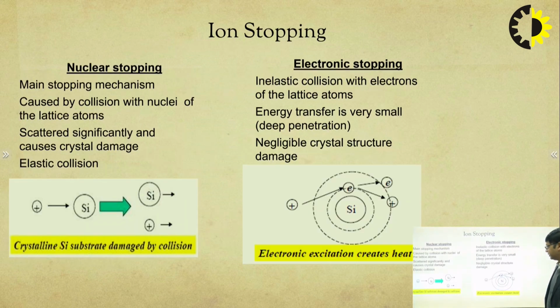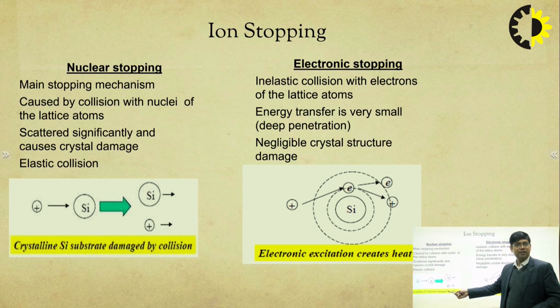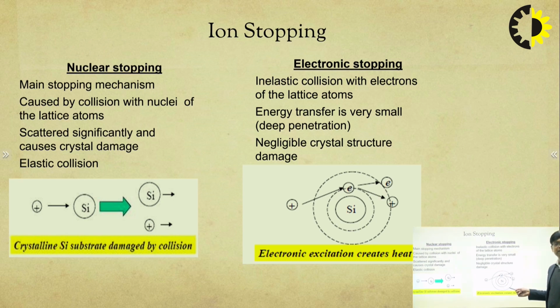Now if we see graphically, in the first figure, this is the nuclear stopping mechanism in which the dopant ion collides with the silicon atom and both get displaced from their position, and it causes damage in the silicon wafer. In the second mechanism, the dopant ion is not colliding with the silicon atom head on, it is actually losing its energy to the bound electrons, and in the process the bound electron becomes free by breaking its covalent bond, and the dopant ion loses some of its energy.